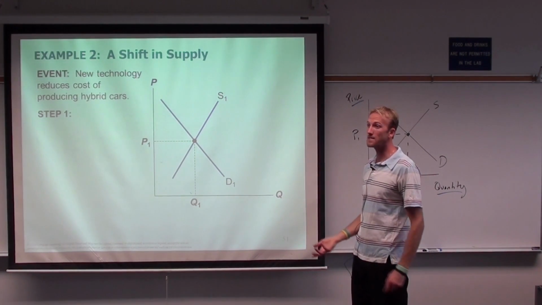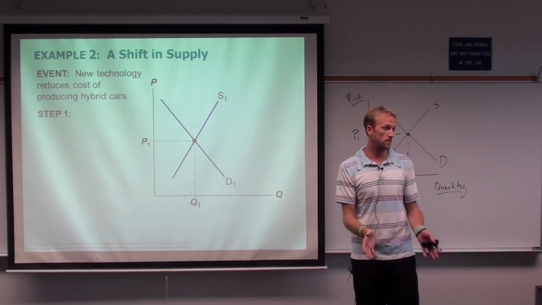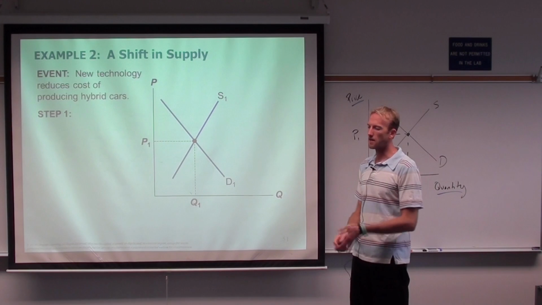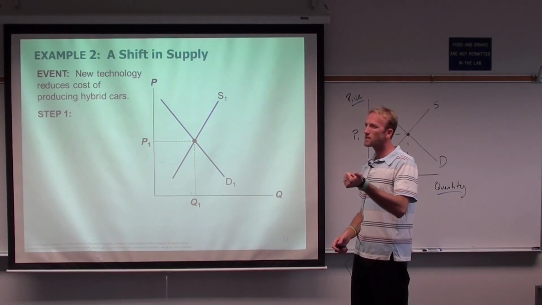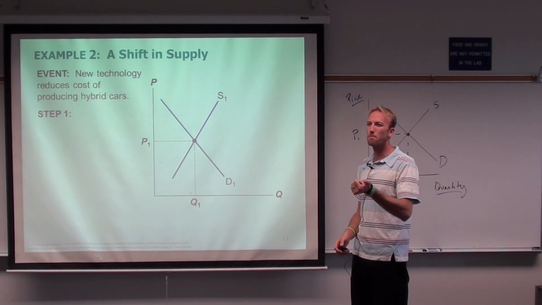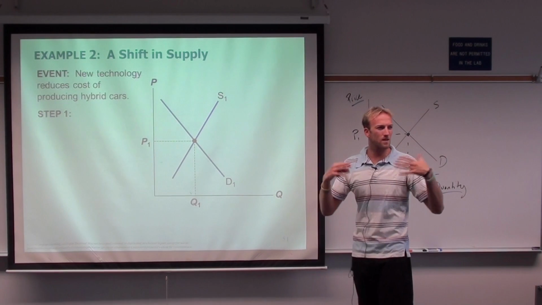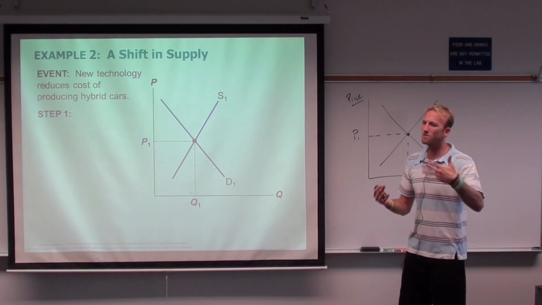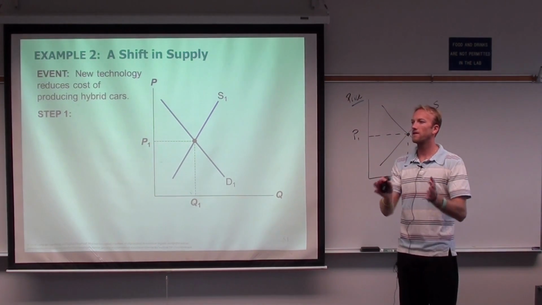So step 1 says, what curve changes? Let's think. Does demand change? Demand is something that's going to make people want to buy more cars, right? Me and you as consumers of hybrid cars, do we really know or care anything about the technology of making hybrid cars?